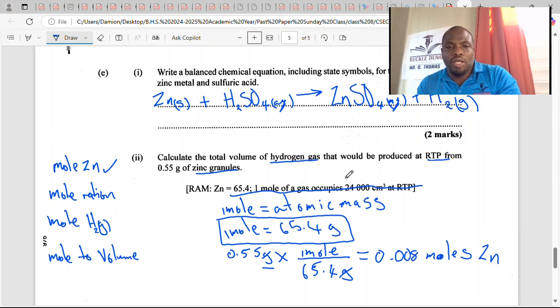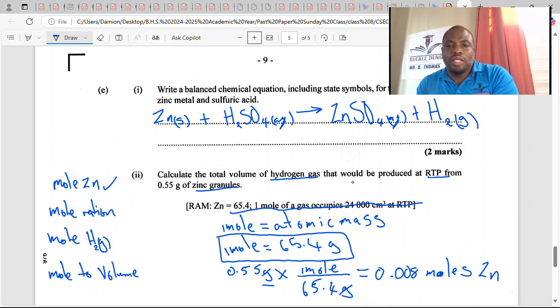So let's go. The two things in question are the hydrogen and the zinc. I now know that I have 0.008 moles of the zinc based on the mass that I had. But I can now use mole ratio because I am not seeing a figure here. So I know there's a 1.